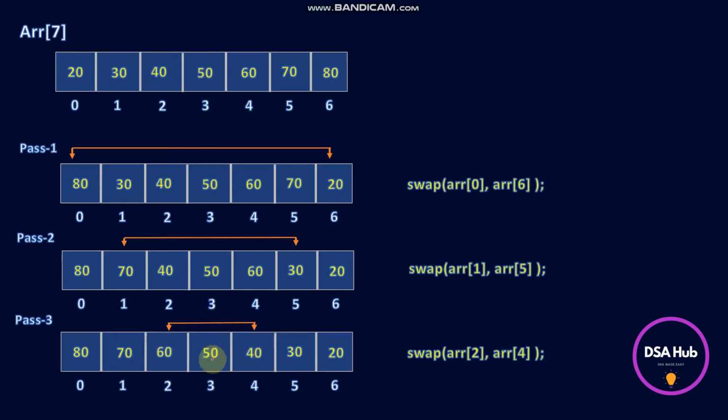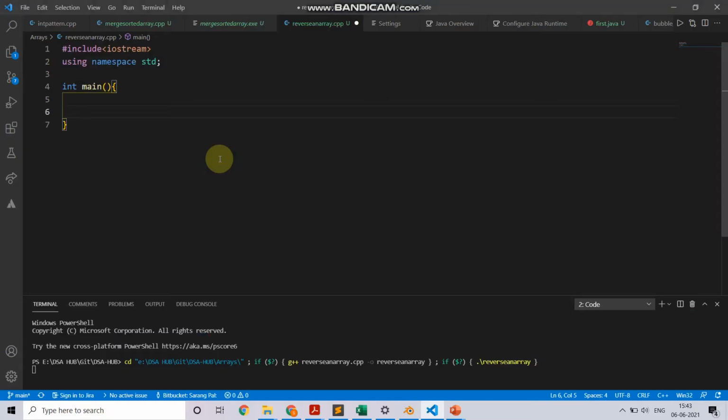And eventually we don't need to swap this element because it's already at a position where it doesn't matter whether you read the array from here or from the reverse direction, it will always come at the same position, that is the third index only. You can already see there are 3 elements to the left of it and 3 elements to the right of it. So that's pretty much the approach part.